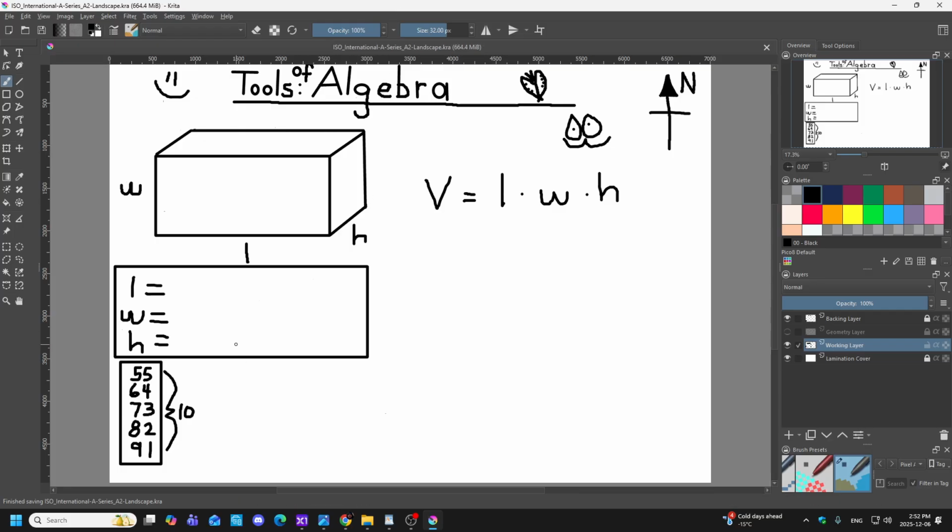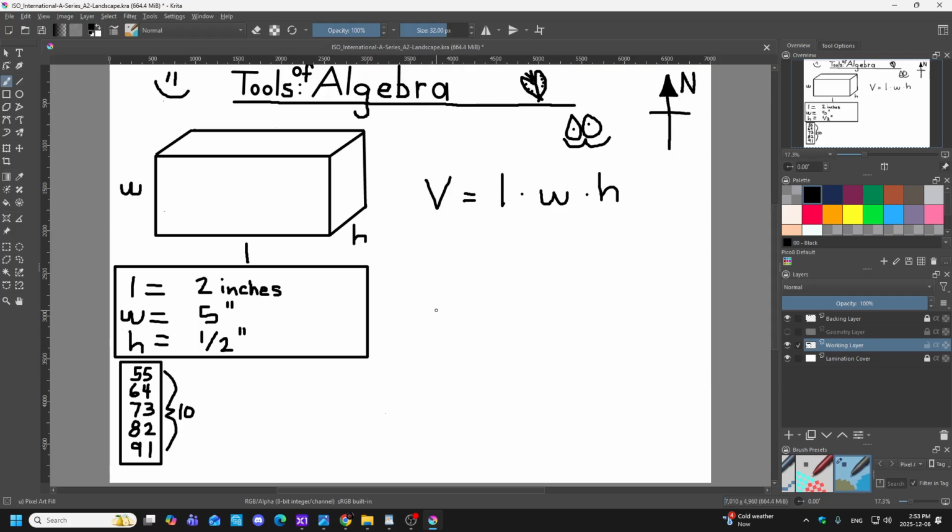So, length is 2 inches. And the width is 5 inches. I'm just going to use a double tick. And, oh, our height is only 1/2 of an inch. Okay.